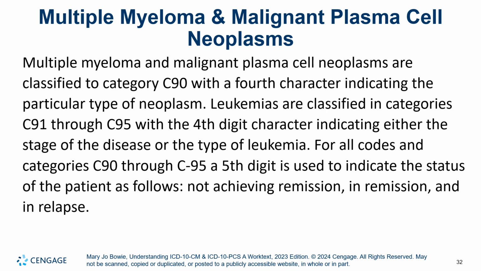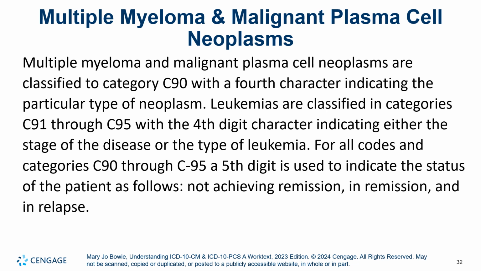If a patient experiences a recurrence and the provider indicates a relapse, then you would assign the fifth character for relapse, A. Recurrence can occur at any time during the therapy or after completion of treatment, even months or years after remission.